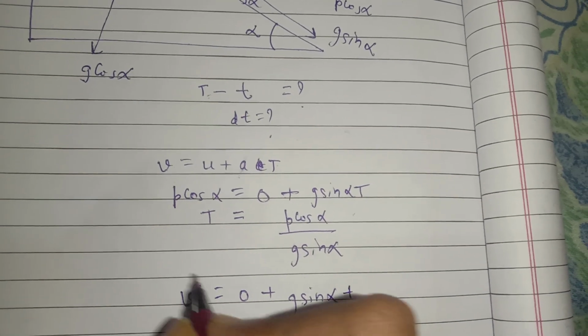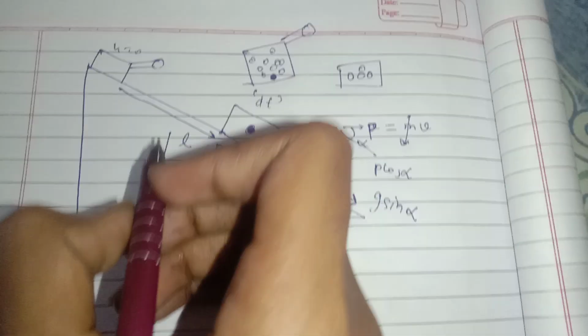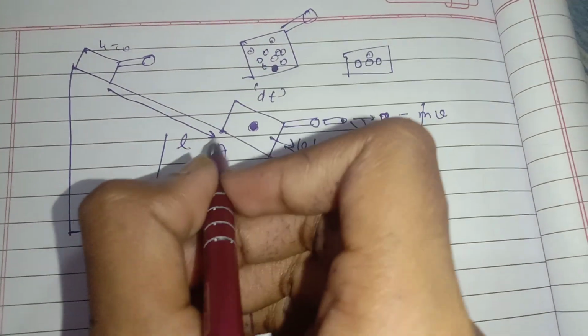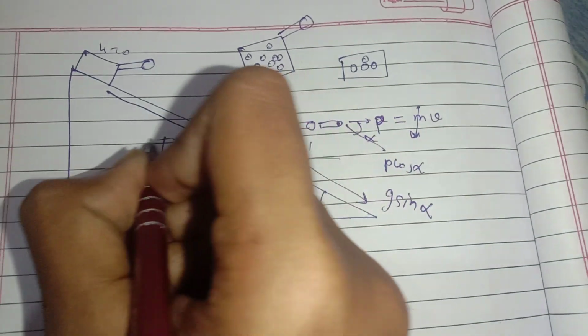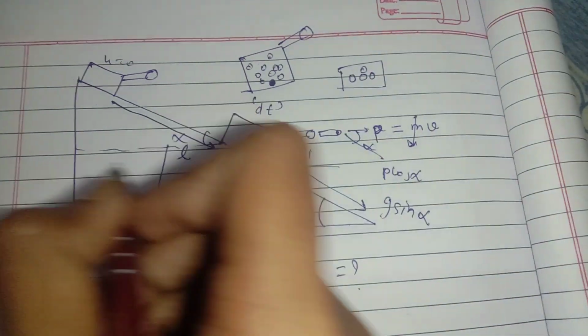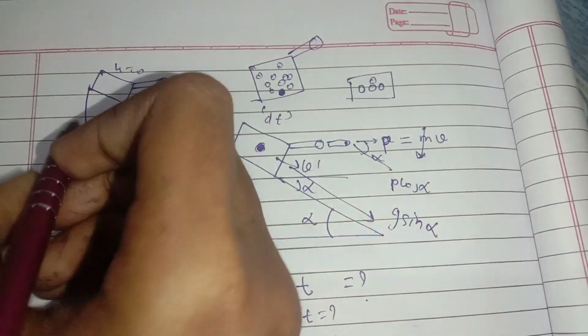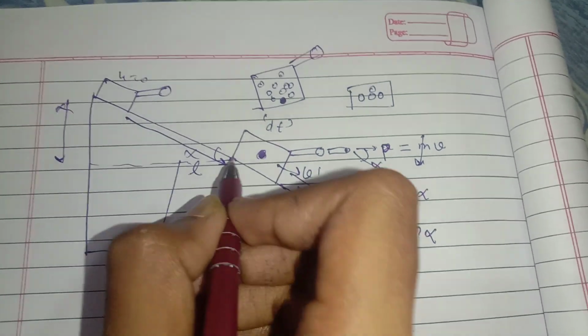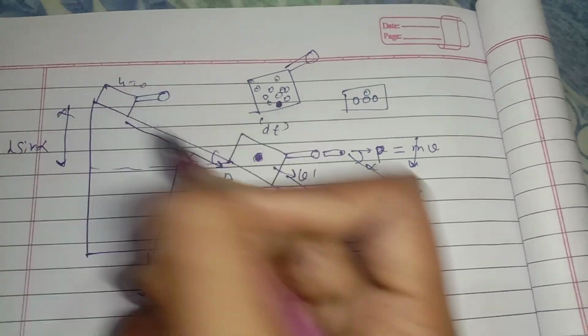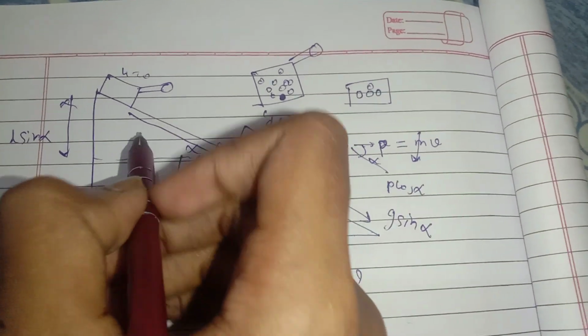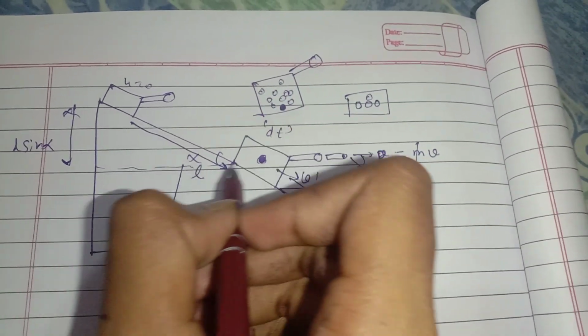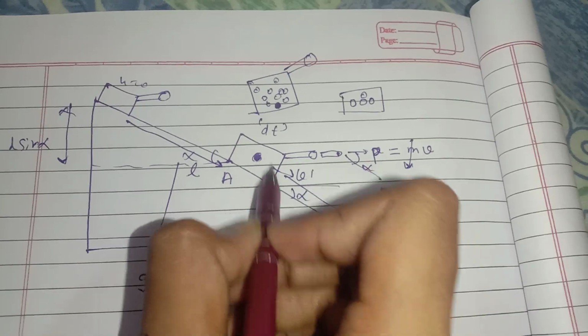You will think, how will we find v dash? Now we know that this is alpha, so this will also be alpha, and if this is alpha and this is L, then this will be L sin alpha. So we will use the work energy theorem for finding its velocity.